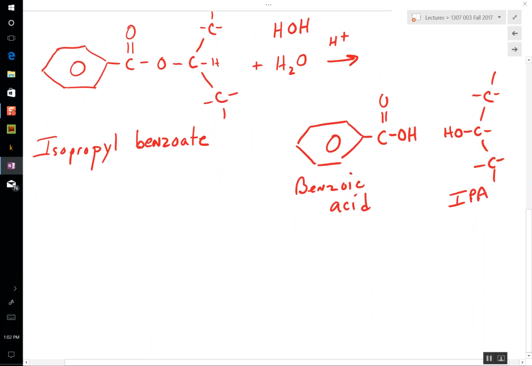Let me write a little bit smaller here. And let's get that ester here again. This time we're going to do the saponification of it, right below the hydrolysis.